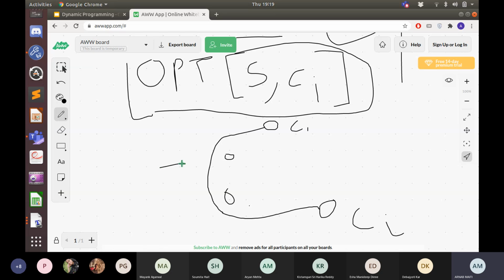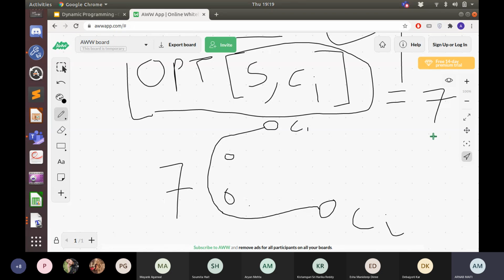Suppose the least possible length of this path from C1 to Ci is 7. Then our OPT(S, Ci) is 7. So this is the definition of the problem instance which we should be looking at.